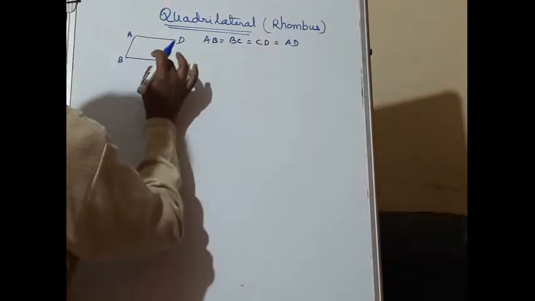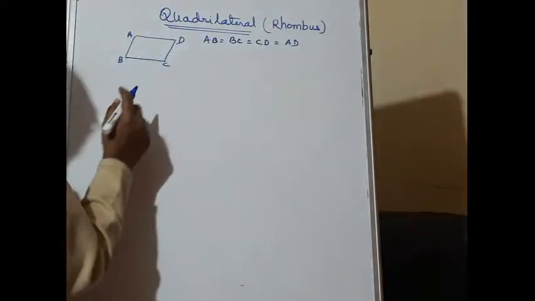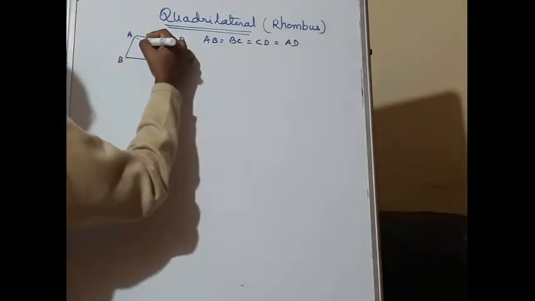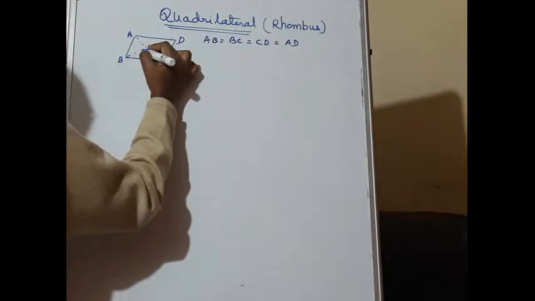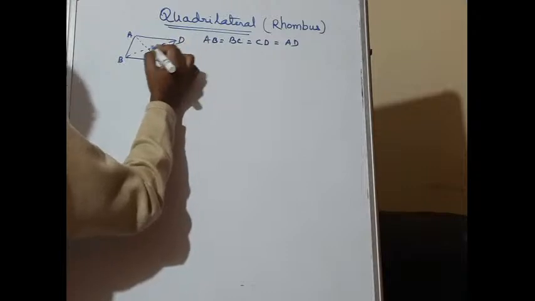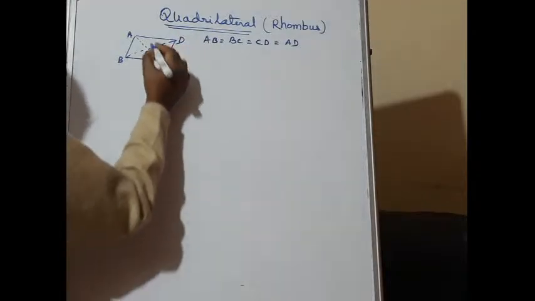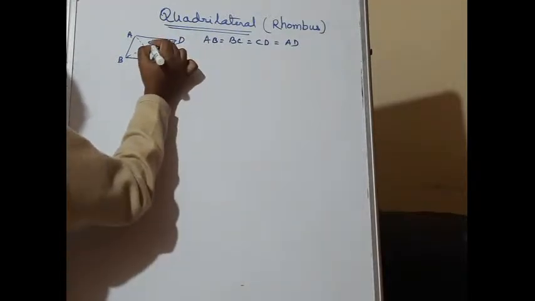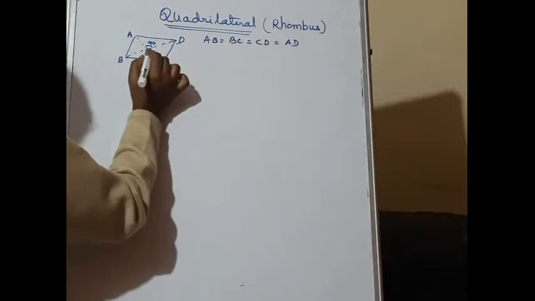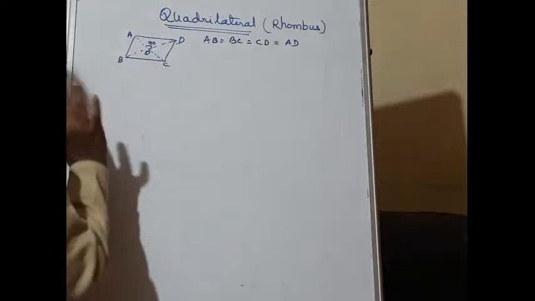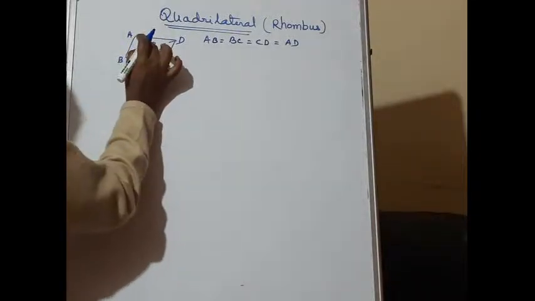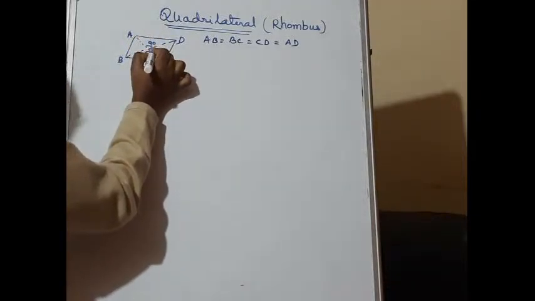You join AC and BD, and the cutting point you call O. And at O put 90 degrees, at all four angles. Show all the four 90s in the middle.